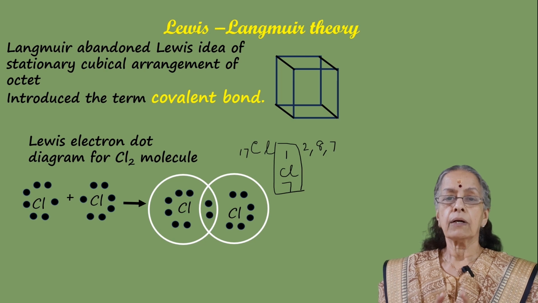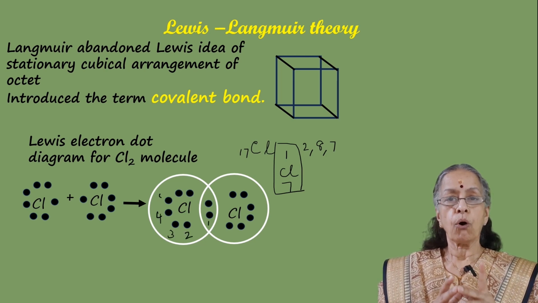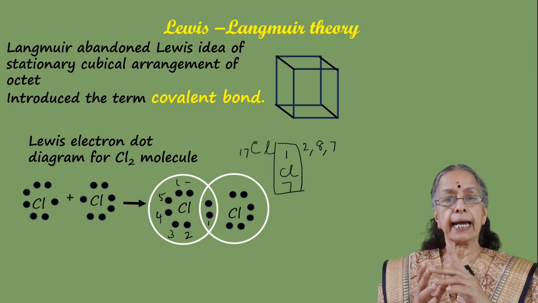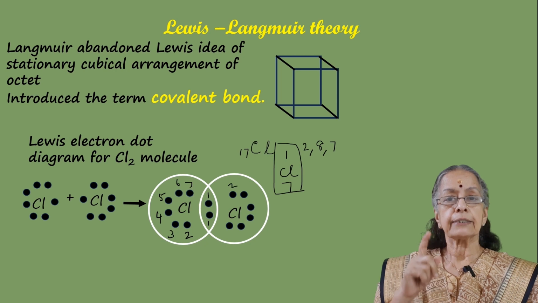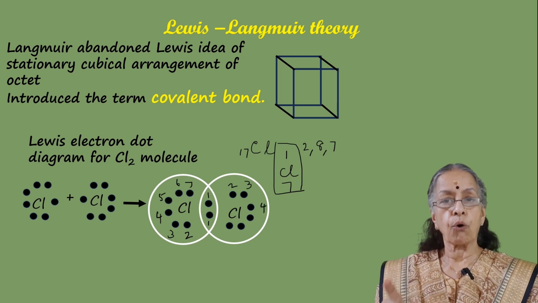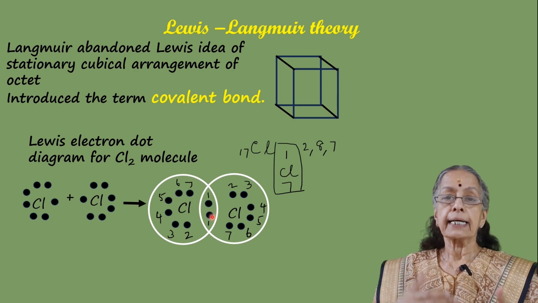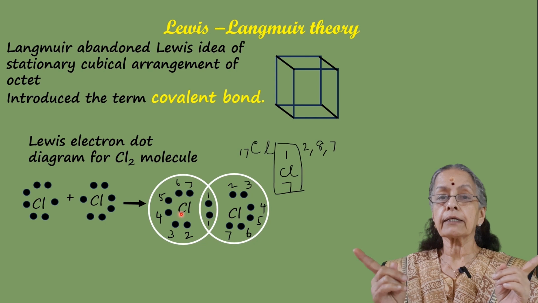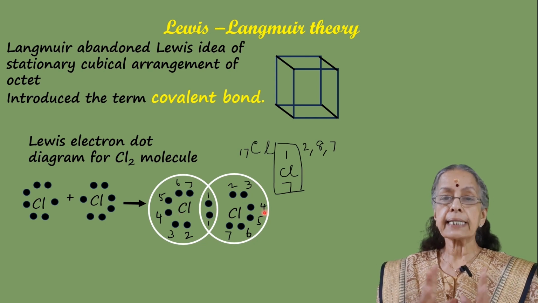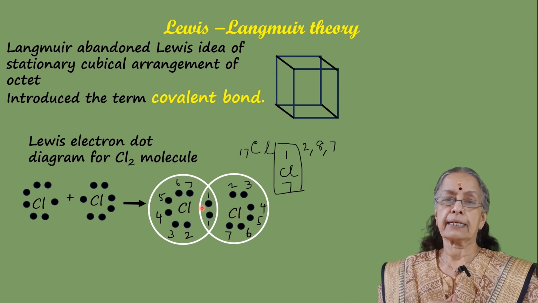How many are there? 1, 2, 3, 4, 5, 6 and 7. Similarly, for the second atom, 1, 2, 3, 4, 5, 6 and 7. These 2 electrons in the overlapped portion belong to 2 different chlorine atoms. Those electrons are shared by both atoms.